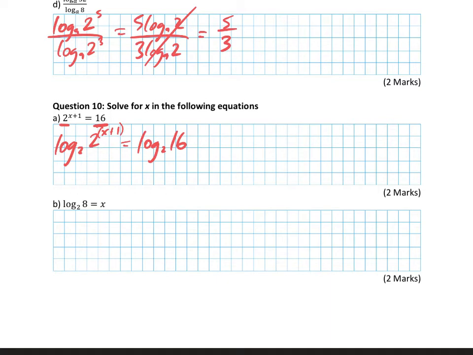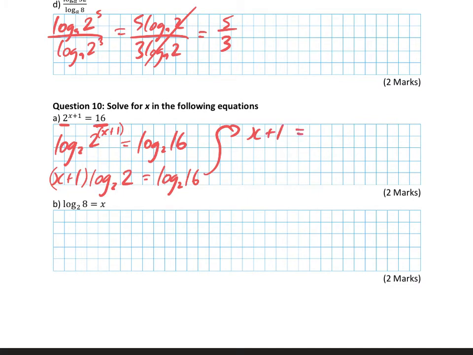That power can go out the front. So you've got x plus 1 times log base 2 of 2 is equal to, I didn't do anything to the right-hand side. Now, this can simplify. The log in base 2 of 2 is 1 because 2 to the power of 1 is 2. So you've got x plus 1 on the left-hand side.